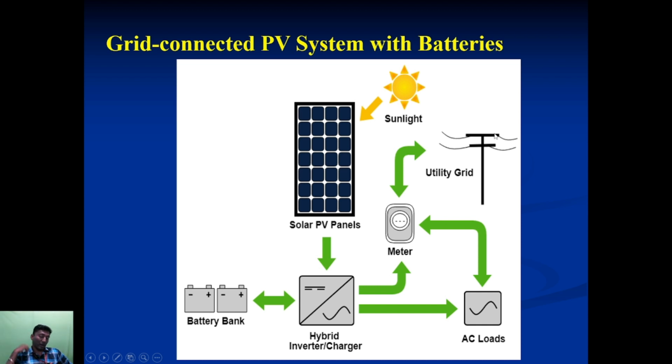We already discussed this in the previous slide; those things are the same. And if we need electricity from the utility grid during the unavailability of solar panels, we can get it this way: utility grid, net meter and AC loads.